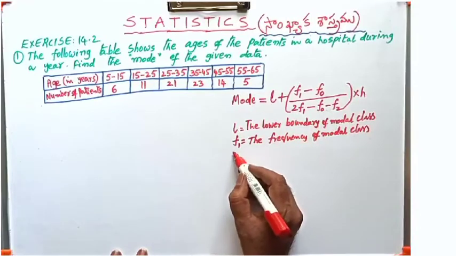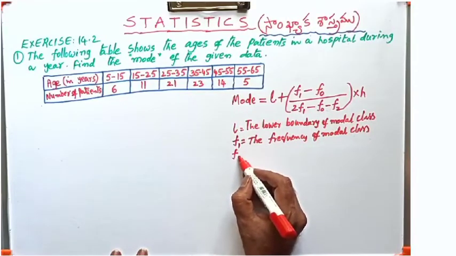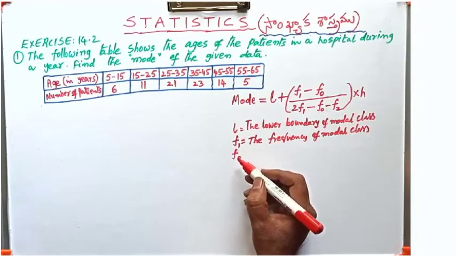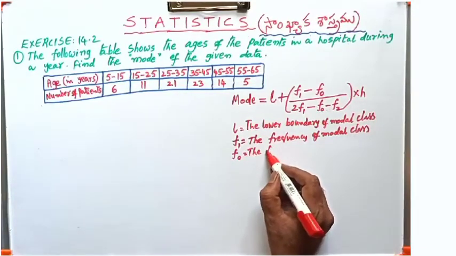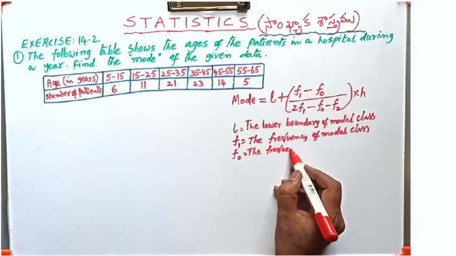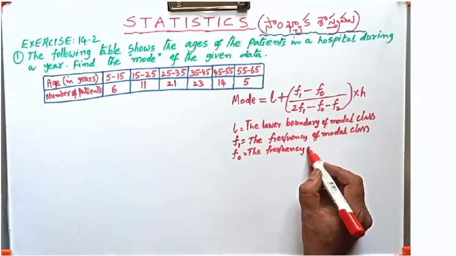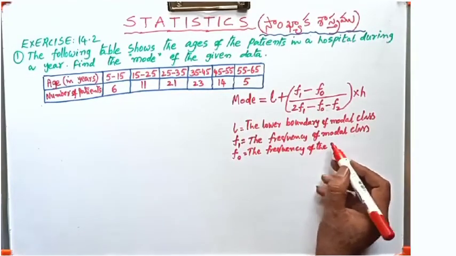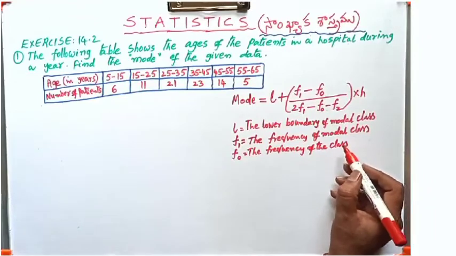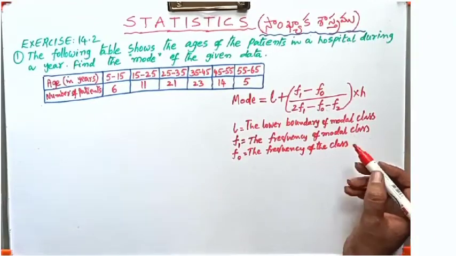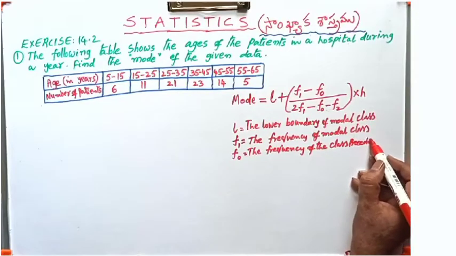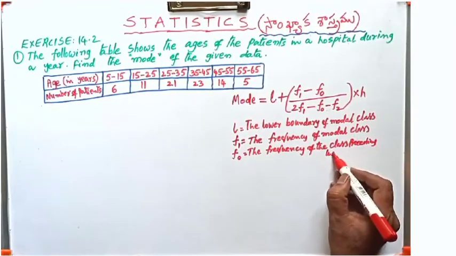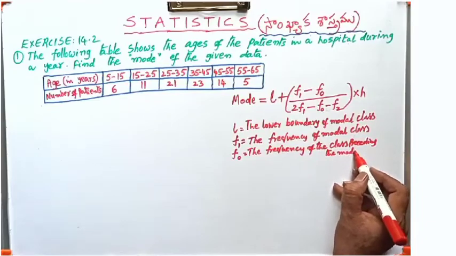And next, F0 is equal to the frequency of the class preceding the modal class.